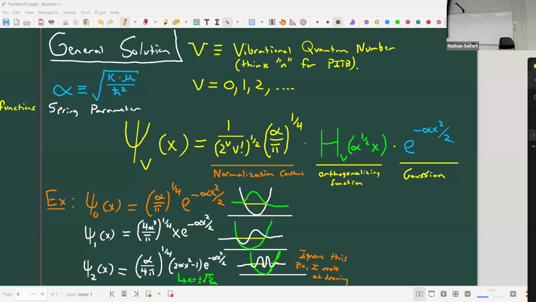What that actually generates is a little bit of oscillatory behavior inside of the potential. Outside of the potential, it just looks like an exponential function. It decays out to 0 on the edges, but inside it oscillates. And it oscillates in an orthogonal way, just like sine functions. It's almost as if this polynomial embeds a little sine or cosine wave inside of our wave function inside the potential.